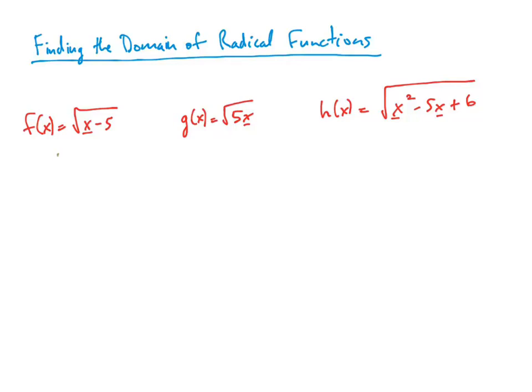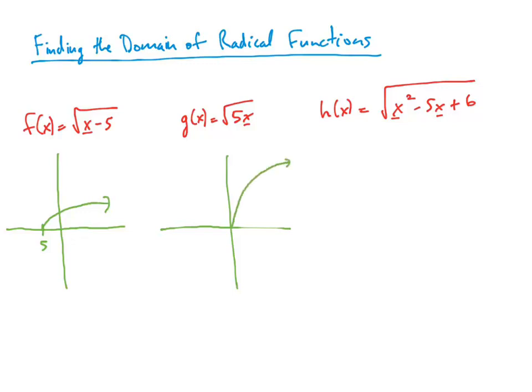Typically, a graph that has a radical looks something like this. That's how f of x would look. It would be moved over 5 units to the left. G of x is going to look something like this. So it has a vertical stretch.